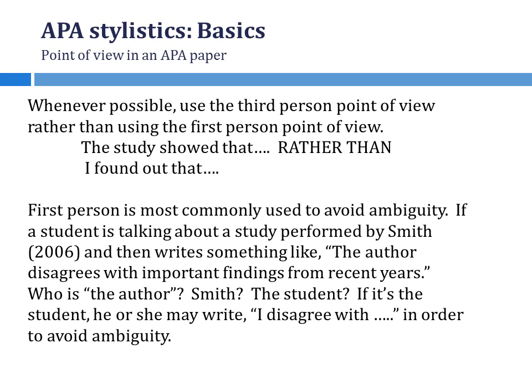If it's the student, he or she may write, "I disagree with the findings of Smith," or "I disagree with findings of research of recent years," in order to avoid this ambiguity of the reader wondering who is being referenced.